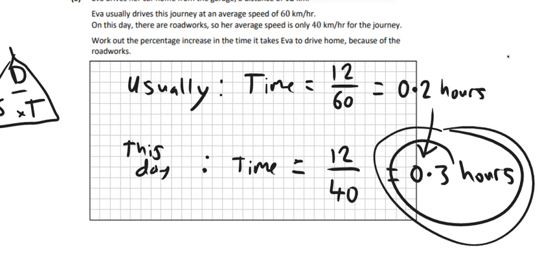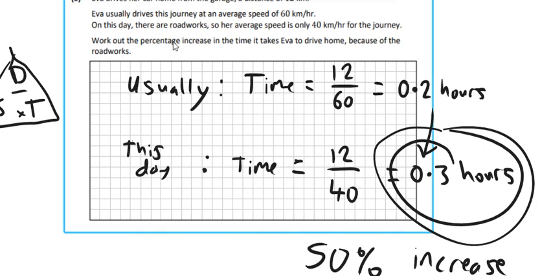So 0.1 is half of 0.2. It's going to be 50%. And that's everything for question 9.